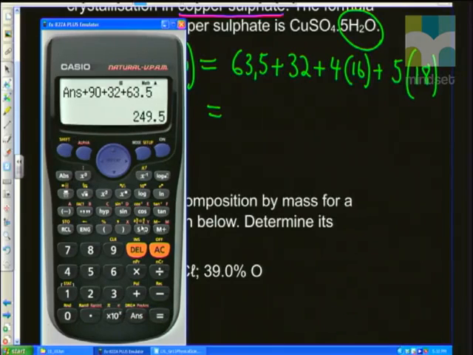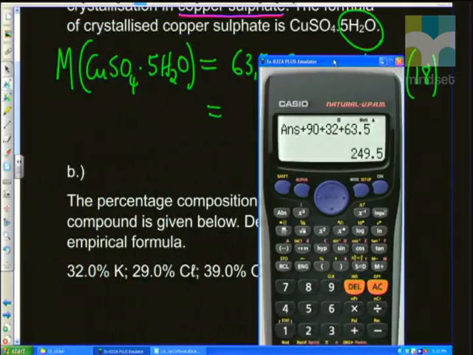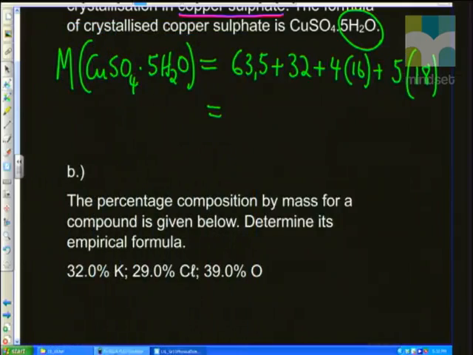What do we get? 249.5. So we've got 249.5 grams per mole. Okay?